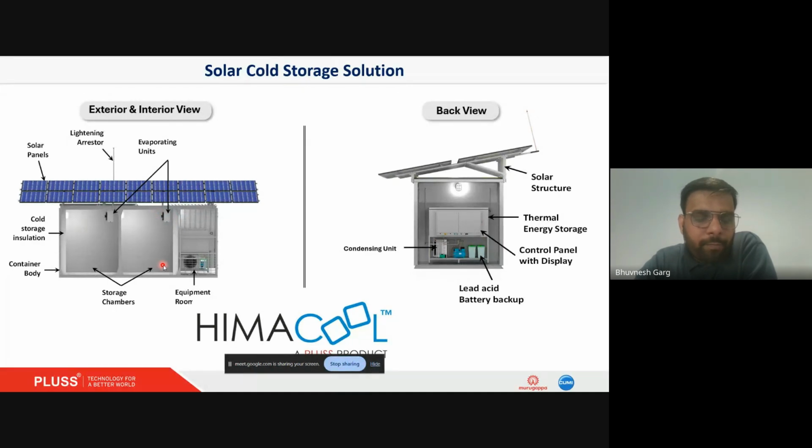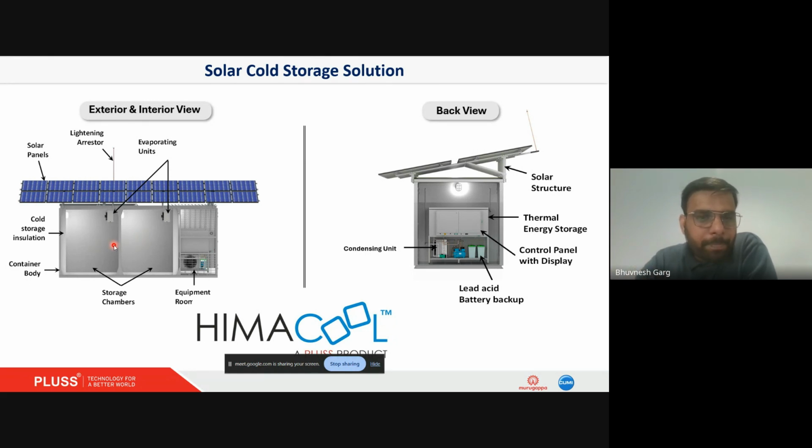And if you see, there are two compartments here, but it can be two compartments or a single compartment, based upon requirement. So if you want to store, let's say, minus 18 degrees Celsius ice cream or frozen meat or anything, that can be stored in one chamber, and in another chamber maybe you can store fruit and vegetables which are meant to be kept at 2 to 8 degrees Celsius or around 5 degrees Celsius.